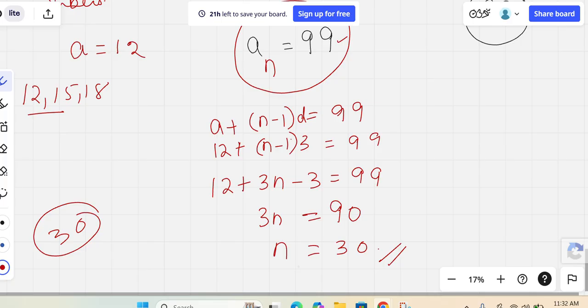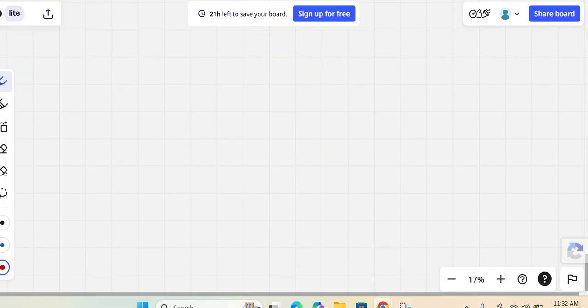Sum formula, sum. Any idea what is the formula for sum? And this is the A minus D, A plus D. Think.